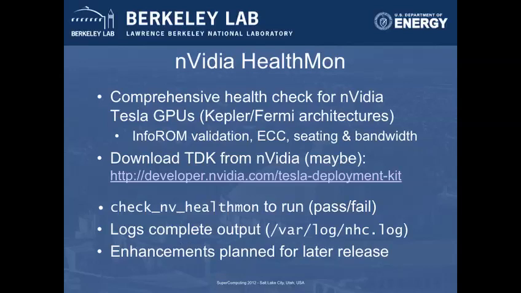So what we're doing right now is, if it fails, we'll give you a message that the NVIDIA HealthMon failed on the node, and the entire output of the HealthMon run will be output to the NHC log file, so you can go back and check and see exactly what failed. But it's fairly straightforward. It doesn't really take any parameters. Just check NV HealthMon. It'll run and return back, hopefully, success.